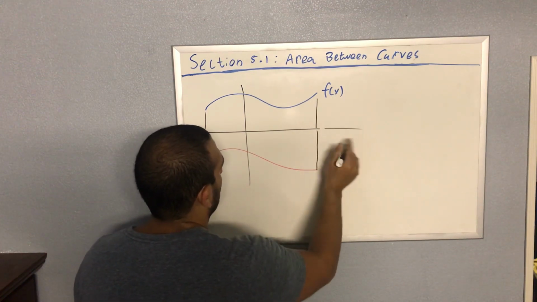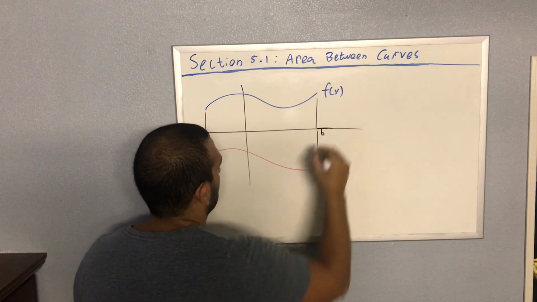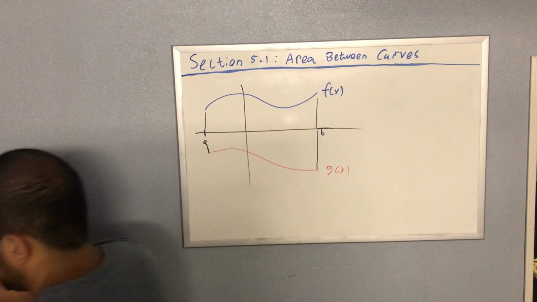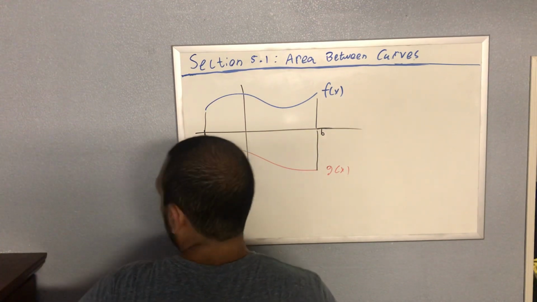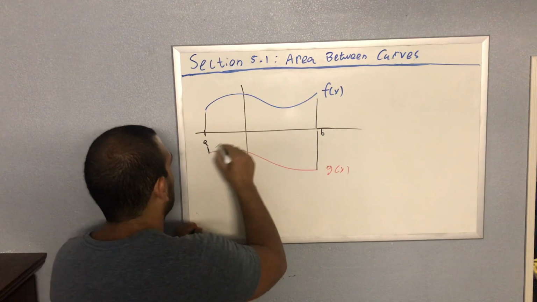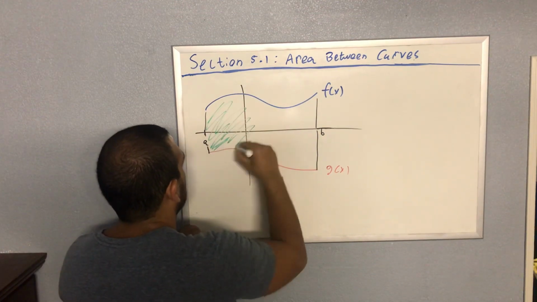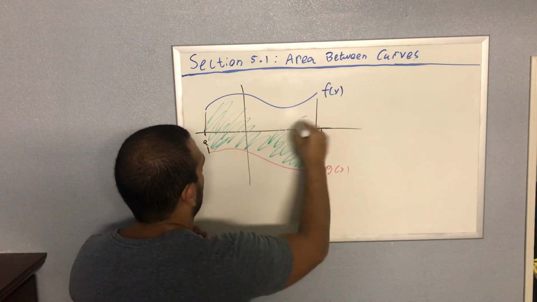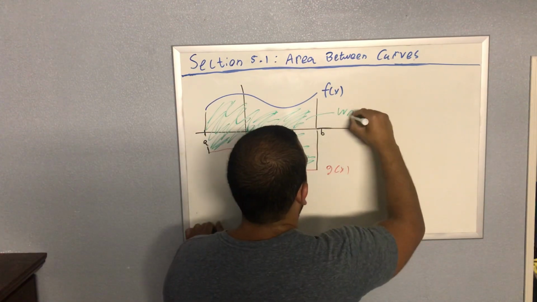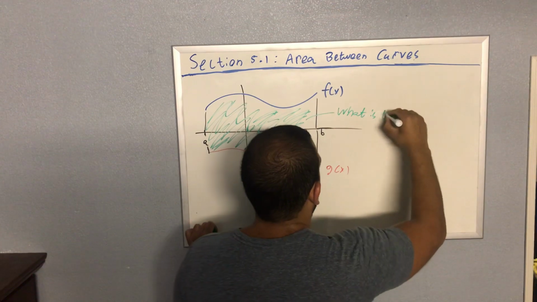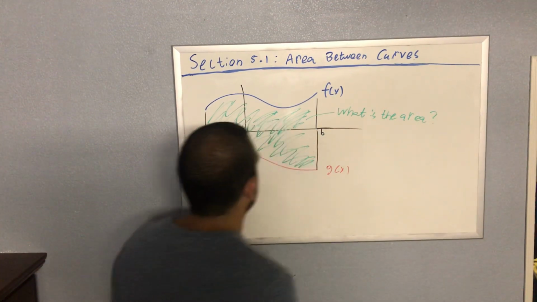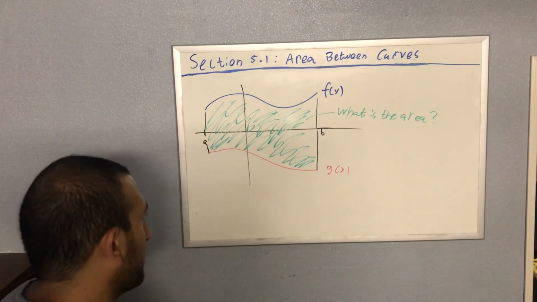Well, I should have put b a little earlier. There we go. Sorry about that. So say we want to find the area between these functions, or these curves, right? Because a function in general is just some curve. So we want this. The question is, what is this green area? How do you find it?